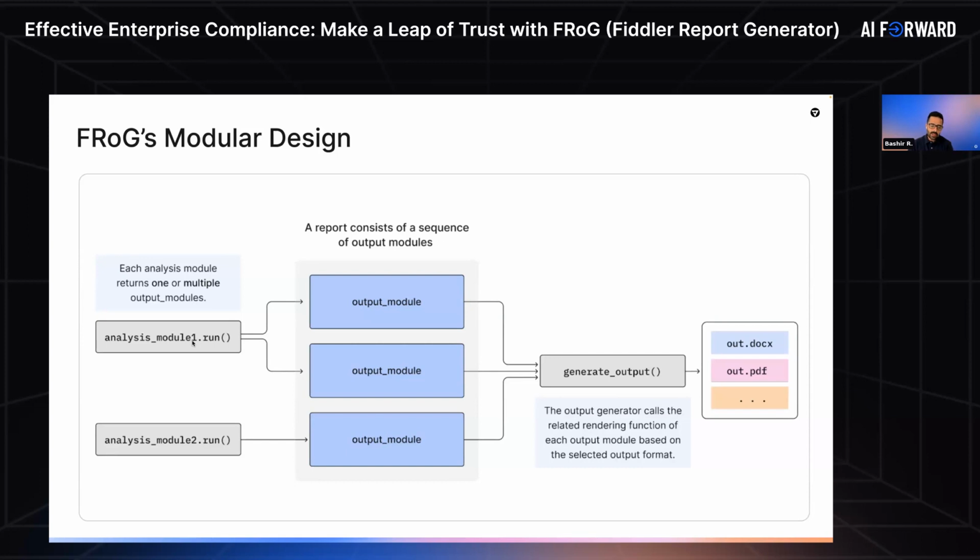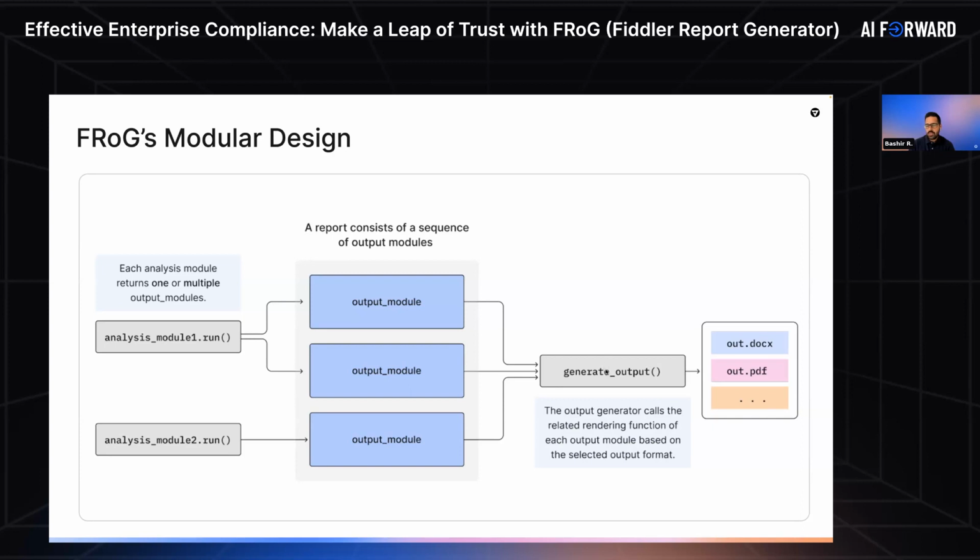And so these analysis modules are created such that each analysis module returns one or multiple output modules. So what you get after running a bunch of analysis modules is a sequence or a stack of these output modules. And you can think of this part as an abstraction of the final report that you want to have. Once you have all of these output modules in a sequence, we have the next stage of the library, which is called the generate output component.